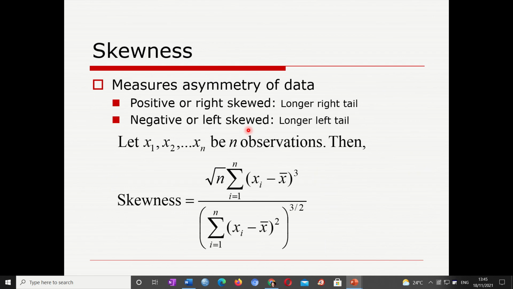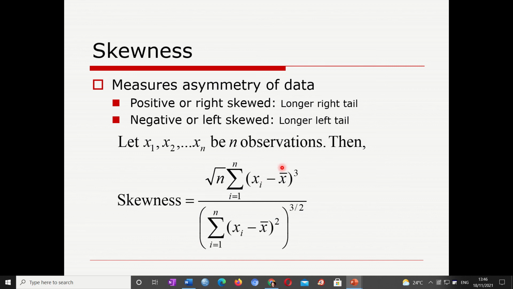Since it is given to us, you don't need to know the formula here. Okay, this is a little bit complicated. I don't want you to remember the formula of skewness, but you have to know all the other formulas. You have to know the variance formula, the standard deviation formula. I don't want you to know the skewness formula by heart.